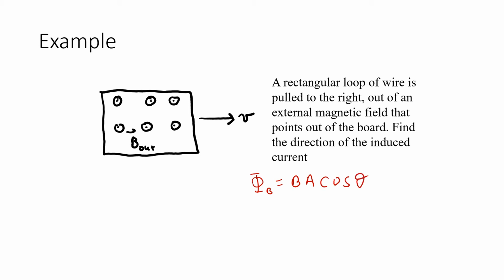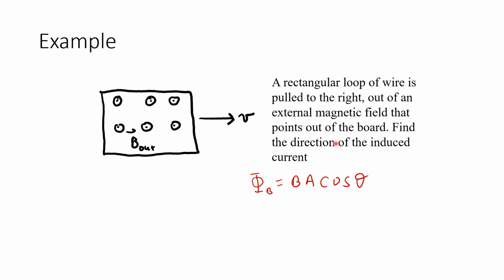As I'm pulling this coil to the right, I'm experiencing less and less of a magnetic field throughout this coil. So if that magnetic field decreases, then the magnetic flux will also decrease.